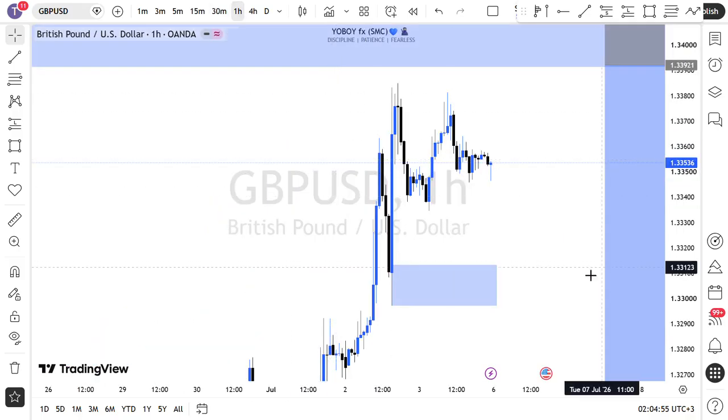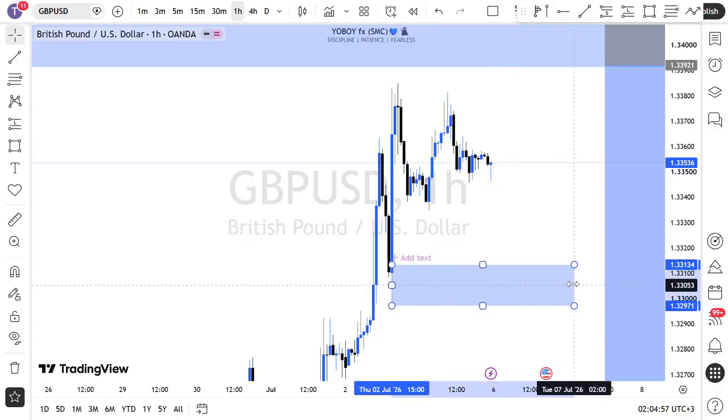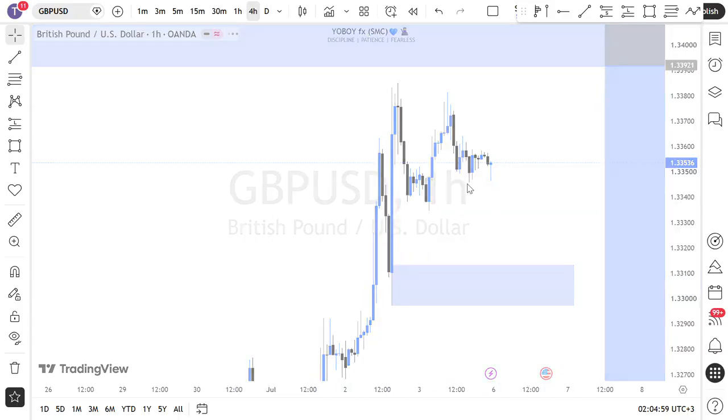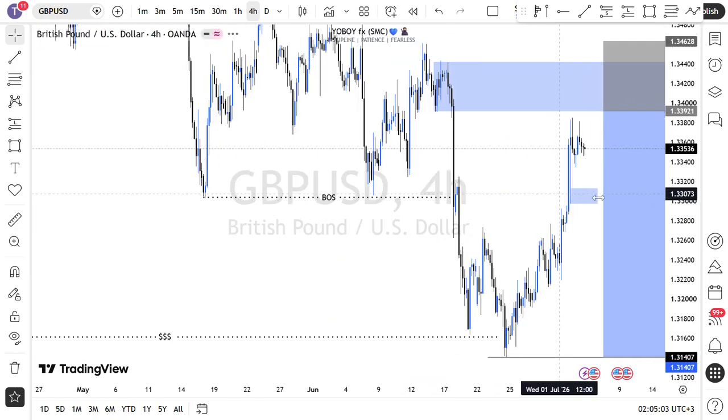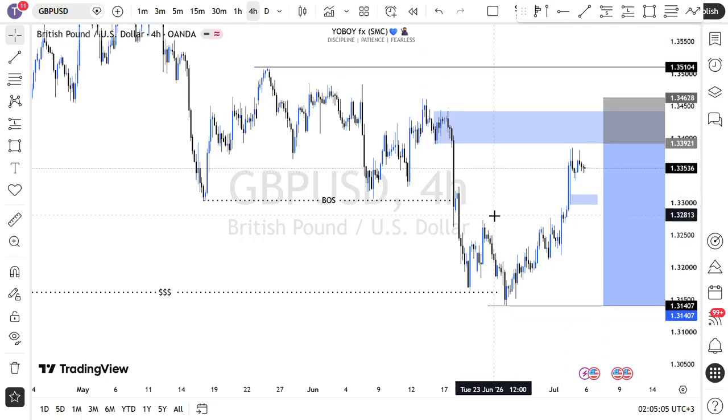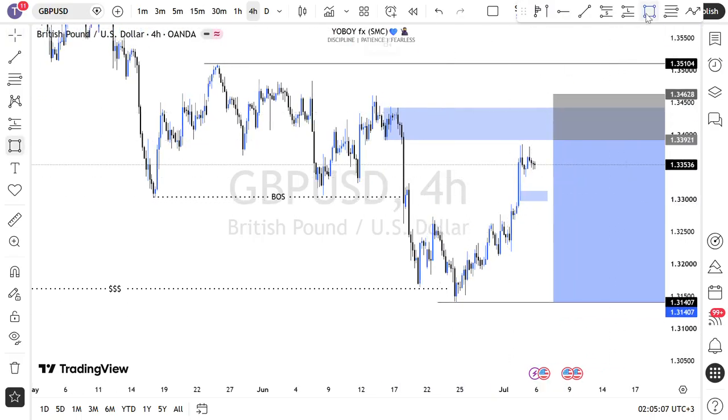If I come back into this area, you can see that is the point of interest, and then back into the 4 hour time frame, this is a very good area, because we also had a very good support and resistance level.